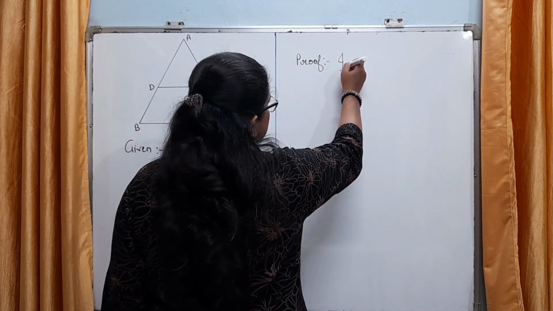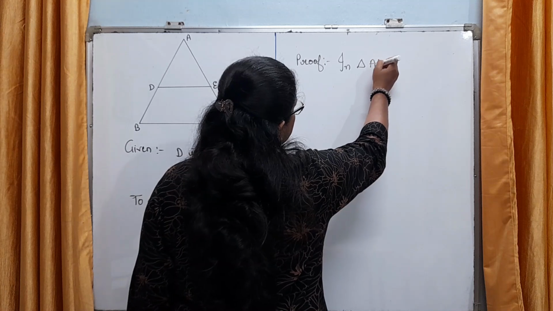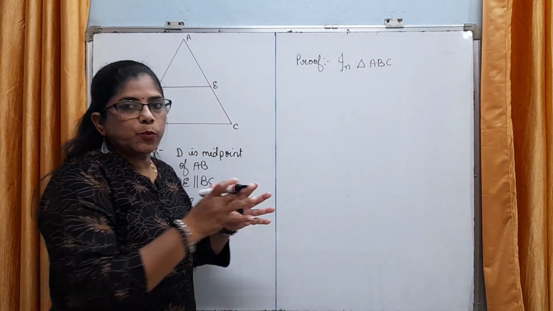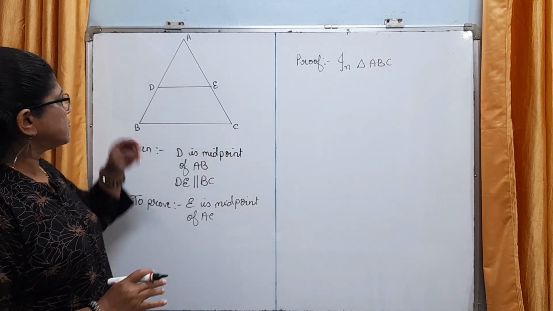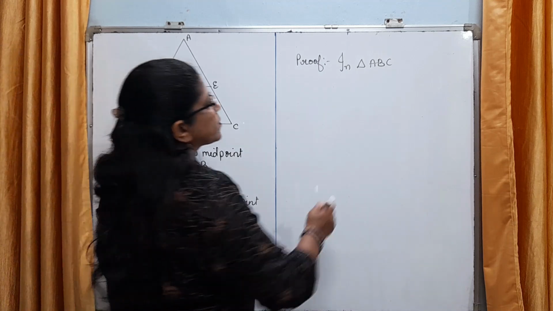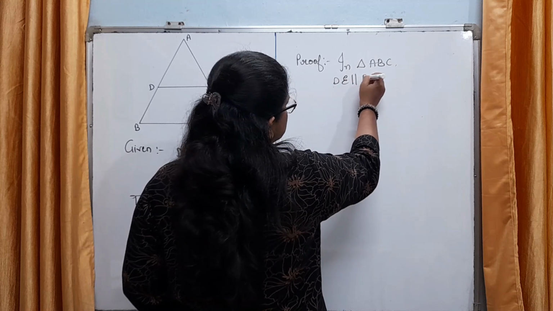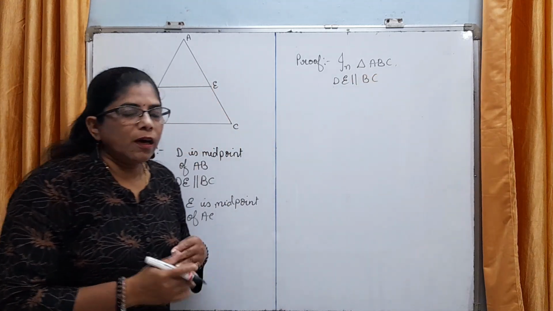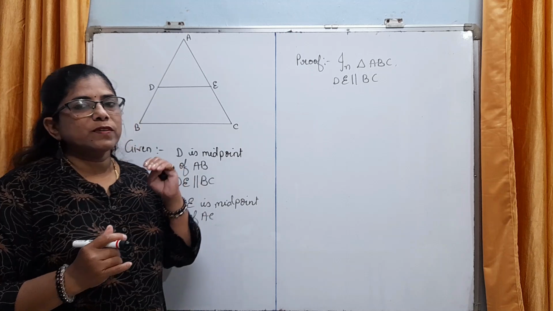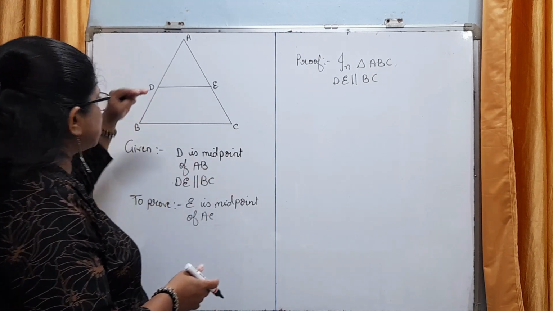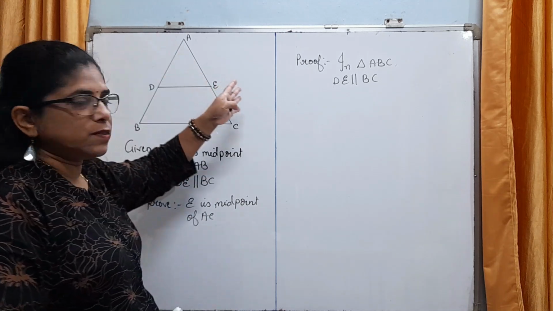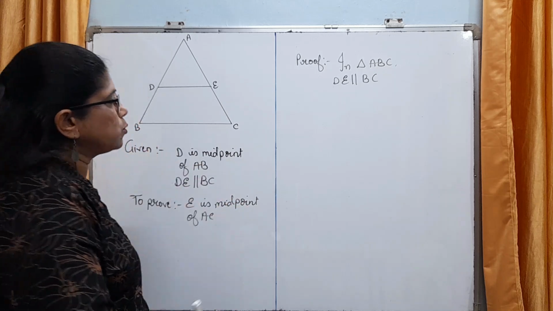Now here in triangle ABC, the most important information we have is DE is parallel to BC. So in this triangle, DE is parallel to BC. Now when we have one line parallel to one side of the triangle, BPT says that this line divides the two sides of the triangle in the same proportion.